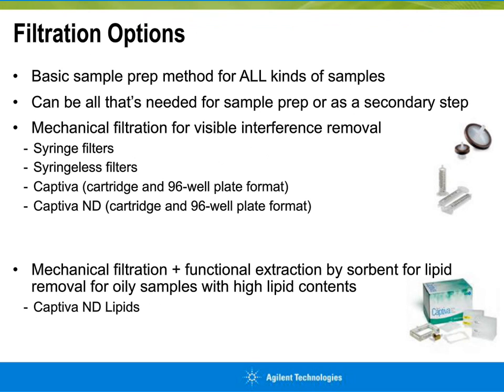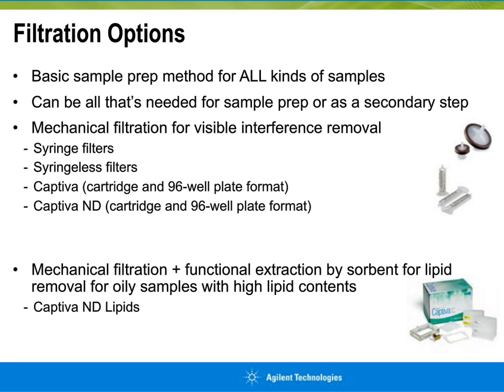Okay, so what are we talking about when we mention filtration options? The main point about filtration is to retain particulates from your sample prior to injection. Agilent has different filter materials, pore sizes, and dimensions to meet your needs and requirements. ND, that you see in the middle of the screen, stands for non-drip, which means until vacuum, positive pressure, or centrifugation is applied, the filtrate will remain in either the well or the cartridge.